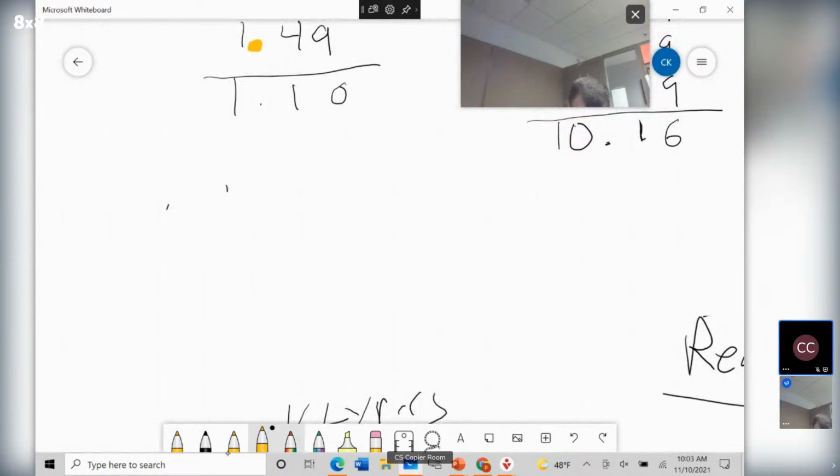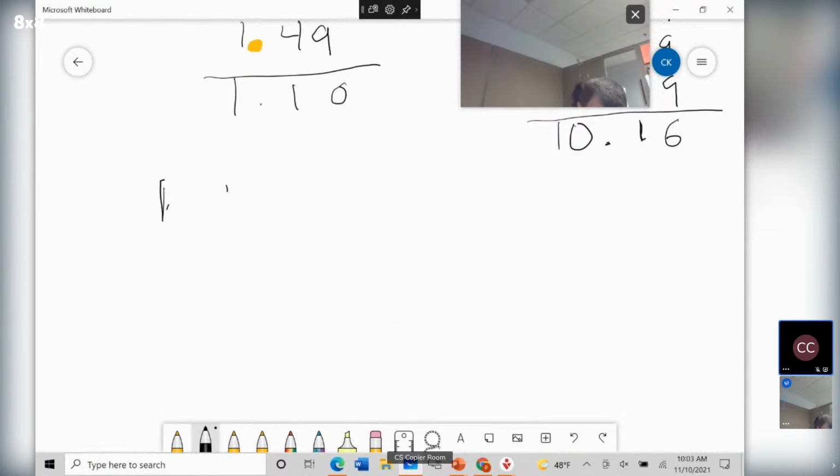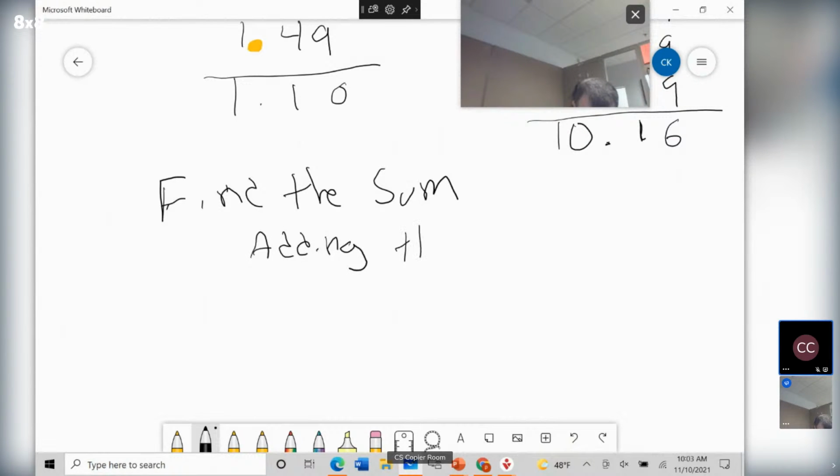So if you see the word, which comes up quite a bit, find the sum. What the sum means is you're going to be adding numbers. So if you ever get a question that says find the sum, that should clue you off that I need to do some adding. So sum is addition.